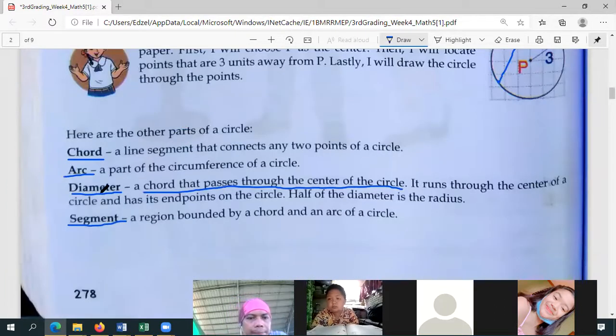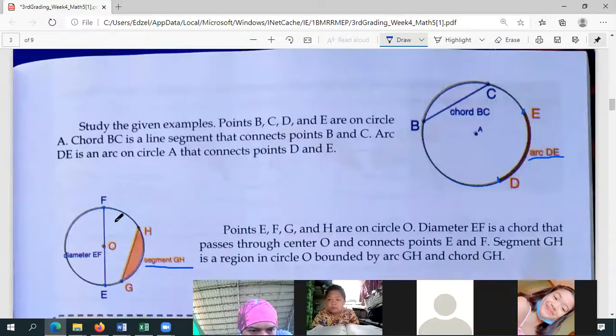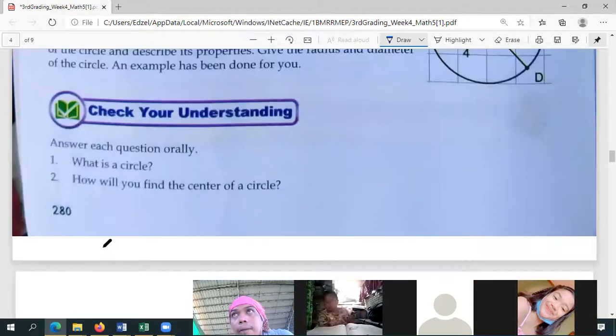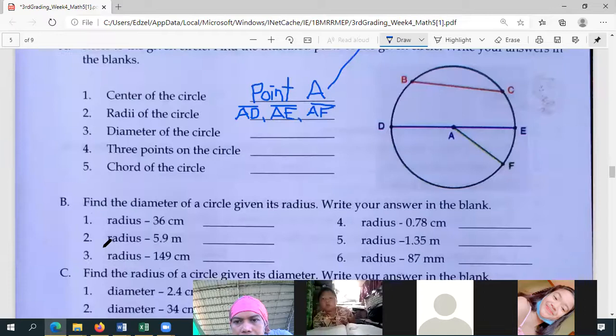The diameter meaning is a chord that passes through the center of the circle. So the diameter is this. Diameter EF. It is a chord but it passes through the center. The diameter here is always DE. Let's try, look at DE. The diameter is, yeah, that's it.